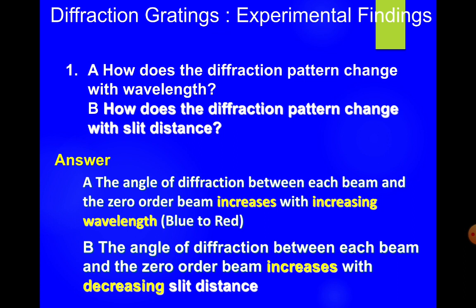Well, the angle of diffraction between each beam and the zero order increases with the wavelength, so from blue to red, as we saw in our slide before. How does the diffraction pattern change with the slit distance? Well, the angle of diffraction between each beam and the zero order beam increases when the slit distance decreases.